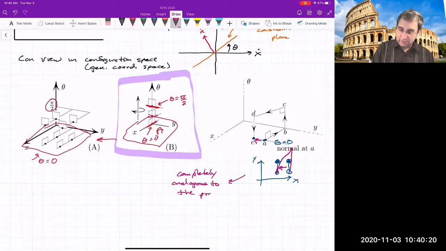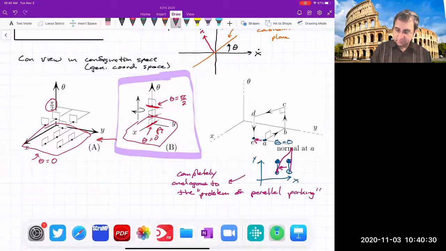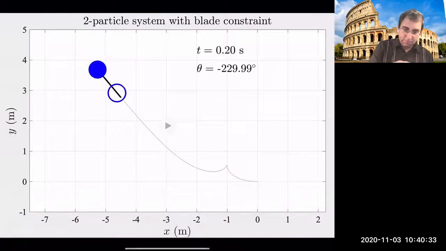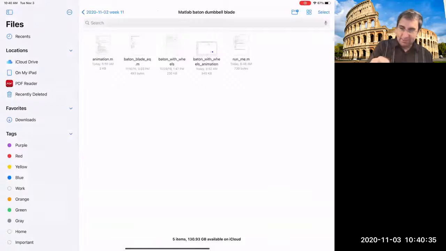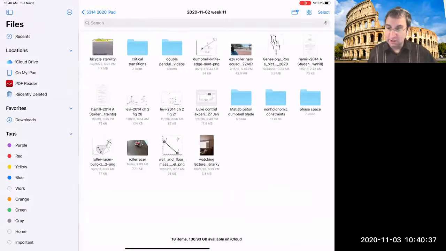Let's call it the problem of parallel parking. And if you're like me, this is a problem. I don't like parallel parking. I don't like going to crowded cities, just so I can avoid parallel parking.